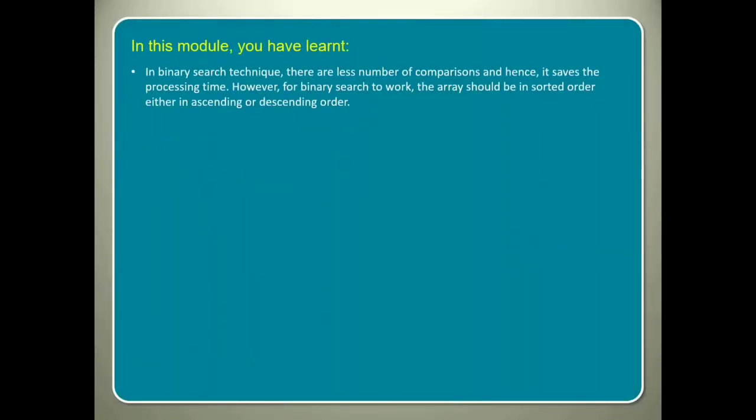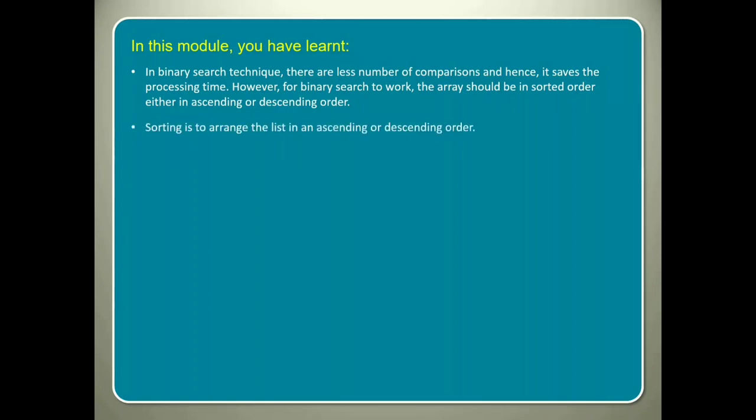In binary search technique, there are fewer comparisons and hence it saves processing time. However, for binary search to work, you should have the array in sorted order in either ascending or descending order.